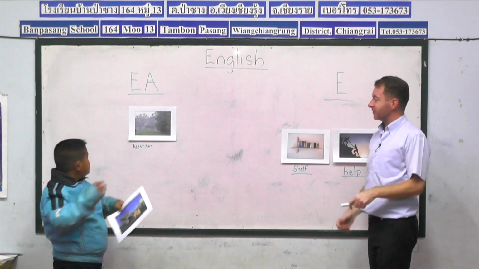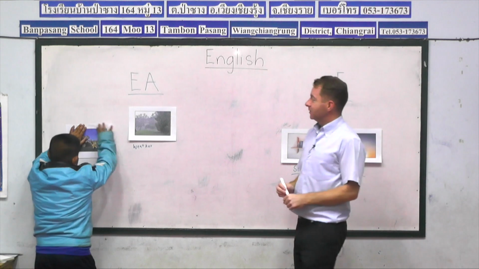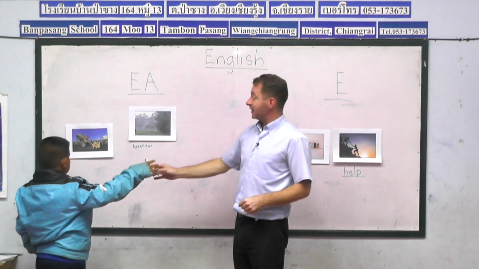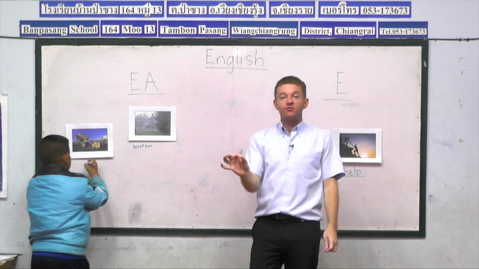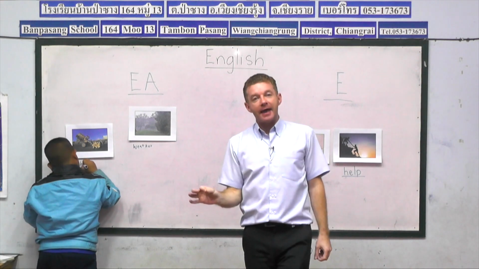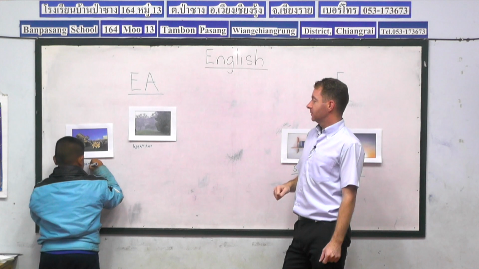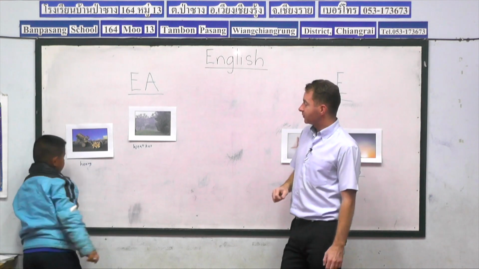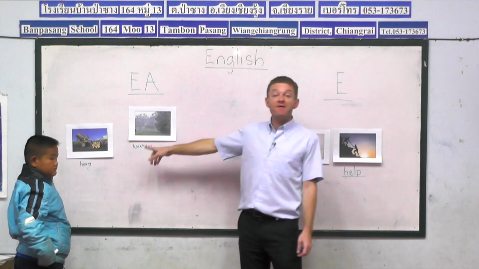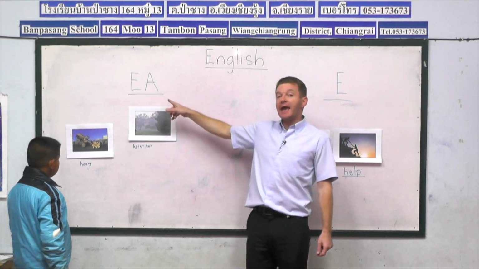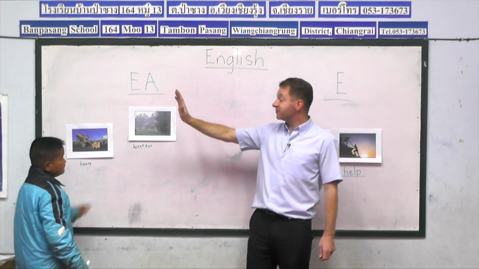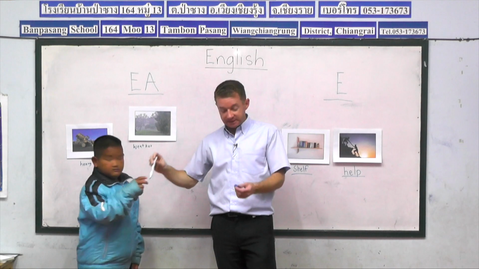EA is correct. So now we'll help Net to spell heavy. H-E-A-V-Y. Excellent. Well done, Net. So all together, guys, heavy, EA. High five and a big round of applause for Net, please, guys.